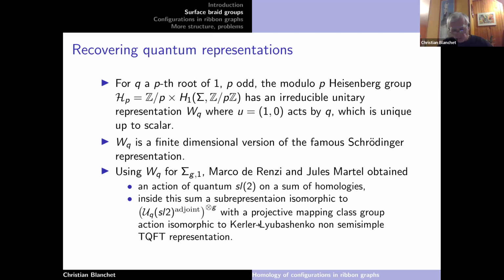And this is a projective mapping class group action known in TQFT as the Kerler-Lyubashenko non-semi-simple TQFT representation. So inside this construction, if you specify this finite dimensional Schrödinger representation, you recover a certain quantum representation. You should think about this as analogous to the theorem I mentioned by Kono and Jackson-Kerler, but for the mapping class group now.